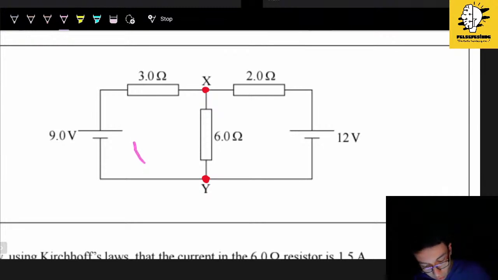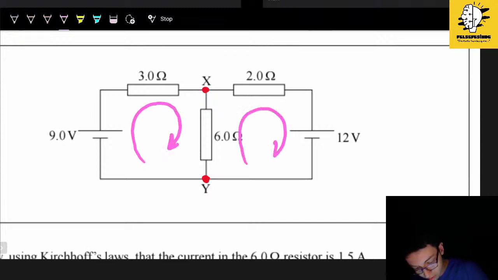I will say clockwise for both of them. This is clockwise and this is also clockwise. Those are assigned randomly, by the way. Now, I will say this one will be I1, the first current. And since now we are changing over here, I will say this is I2.